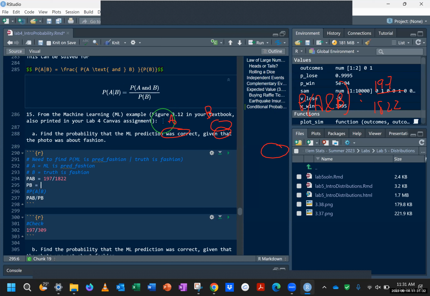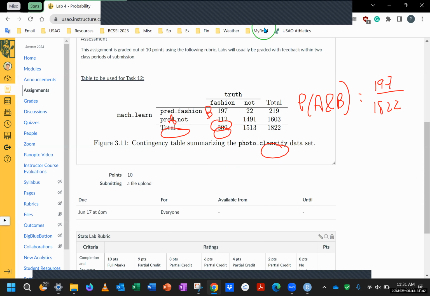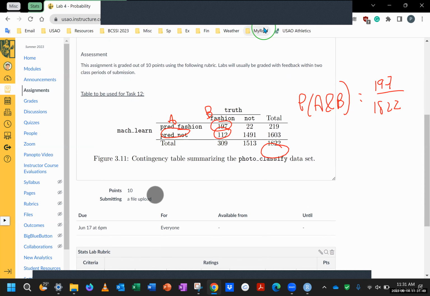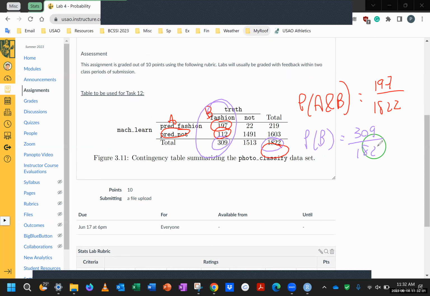So probability of B is the probability of being about fashion. So back to here, we're looking at what's the probability of any photo being about fashion. So this is B. This is B here. Probability of B is 309 times the photo is about fashion out of a total of 1822.